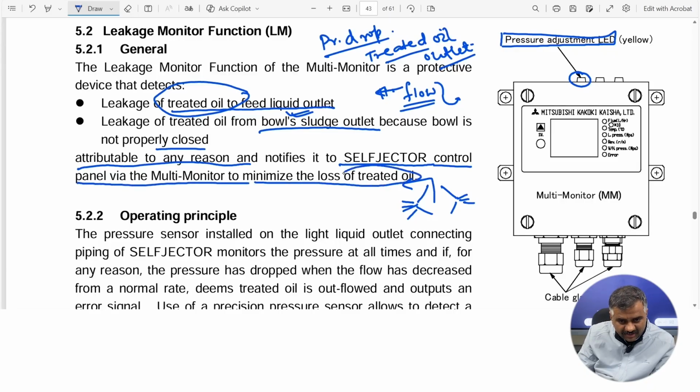So basically we have to preserve our treated oil. For that we need to make sure that there is a leak alarm and the feed is stopped for that time, so that our purifier does not lose the treated oil that is being purified.